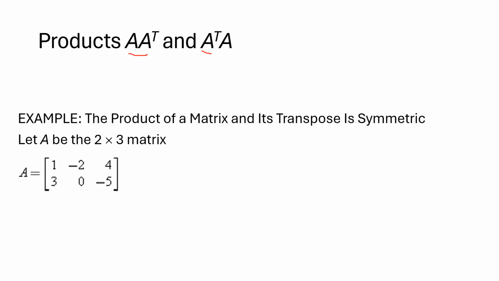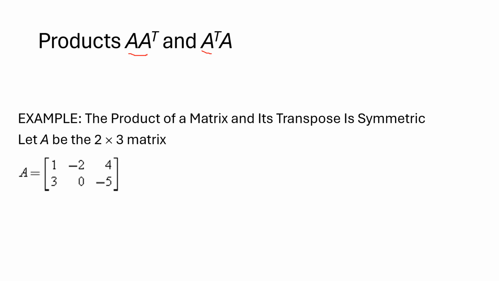So the product of A and the transpose of A and the product of the transpose of A times A are both square matrices. The matrix A times the transpose of A has the size M by M, and the transpose of A times A has the size N by N. Such products are always symmetric.